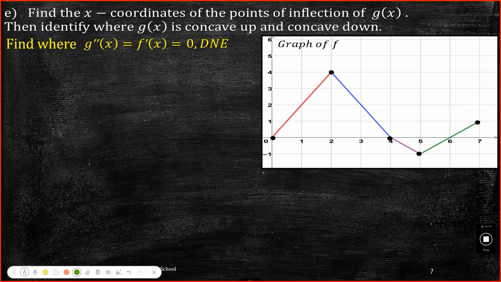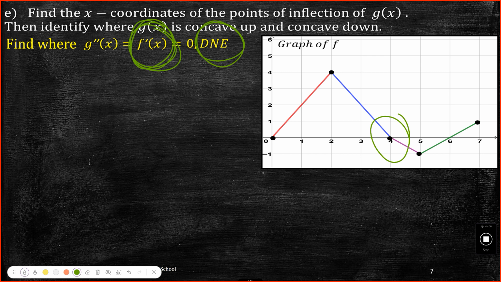If we look at the graph of f of x and take the derivative, because there's a corner there, it doesn't exist, so it's a candidate.